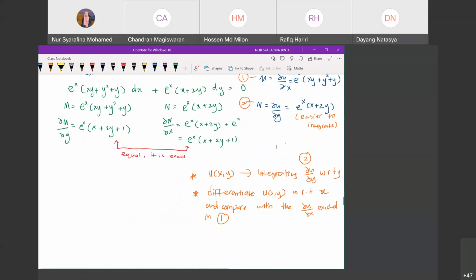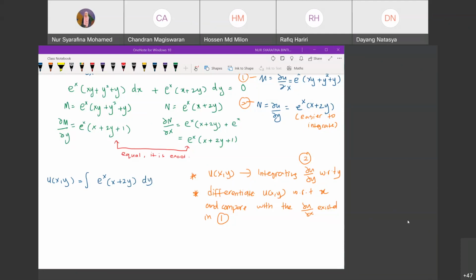Okay, so next step, you have del u del x, you have del u del y. You choose del u del y here because it is easier to integrate. Why do you need to integrate? Because we want to have u(x,y). Integrate del u del y with respect to y. So what should you get here? This e^x is a constant, right?